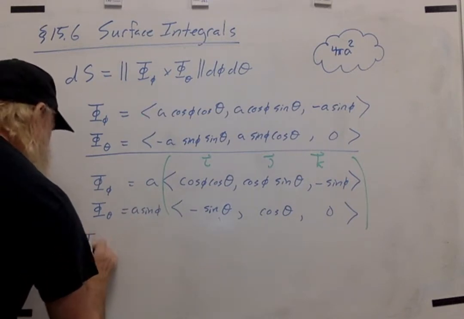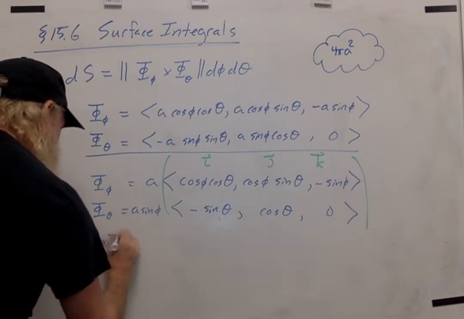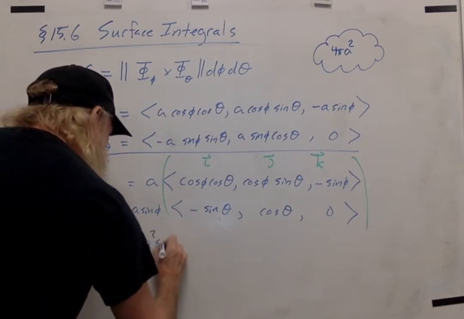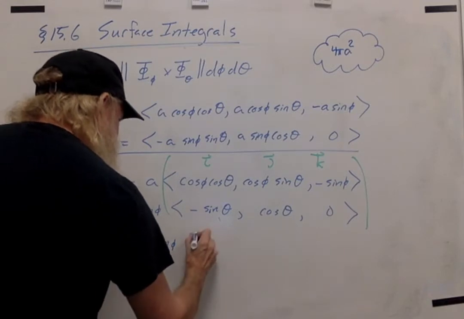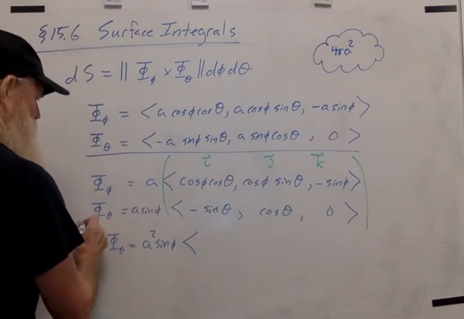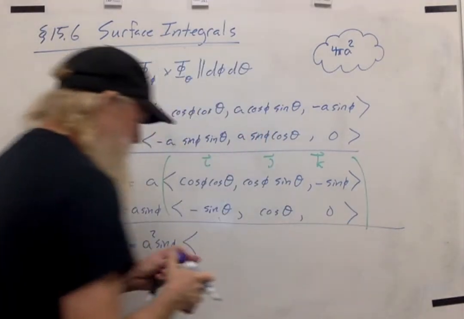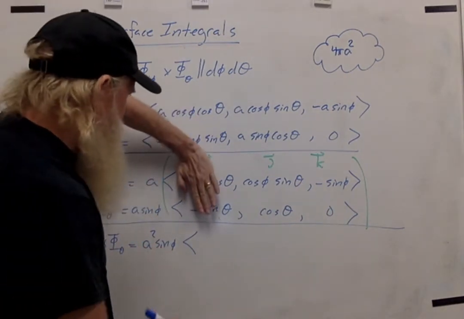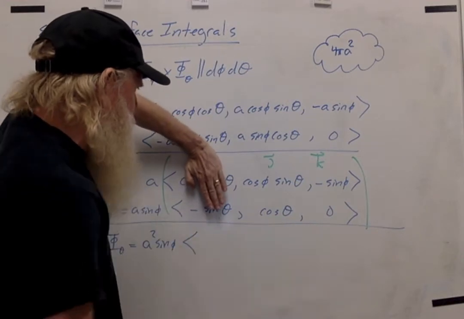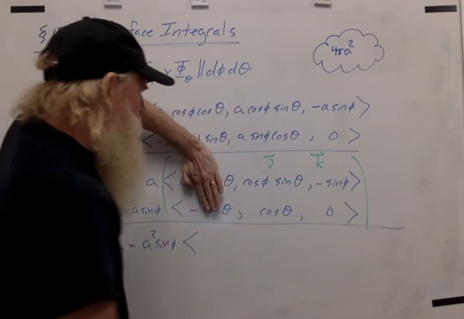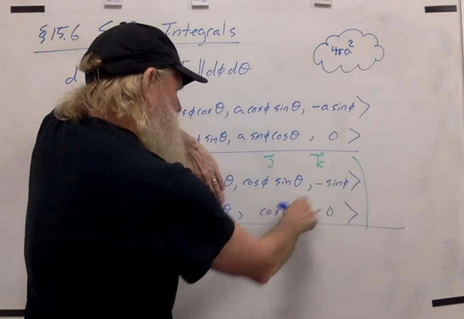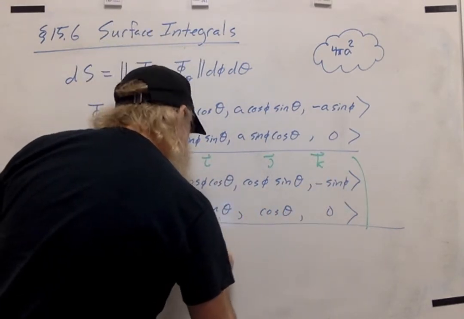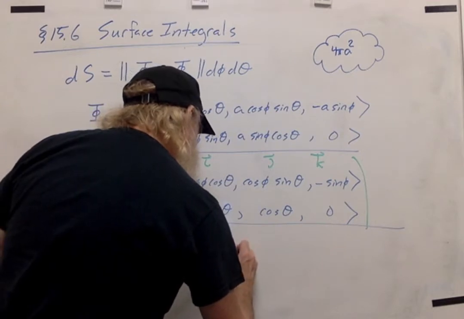So the partial with respect to phi crossed with the partial with respect to theta is going to be a squared sine phi times the vector you get when you cross these two vectors. Instead of using the ijk, let me just take the cross product and write the answer in vector form. In the I component, I have 0 minus a negative sine phi cosine theta, so that's positive sine phi cosine theta.